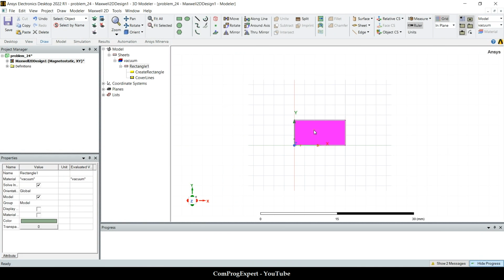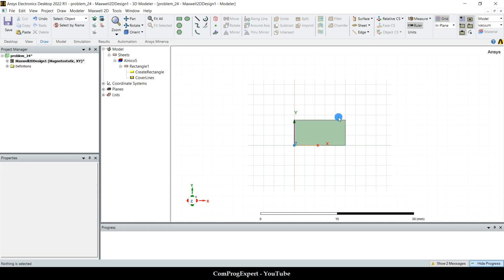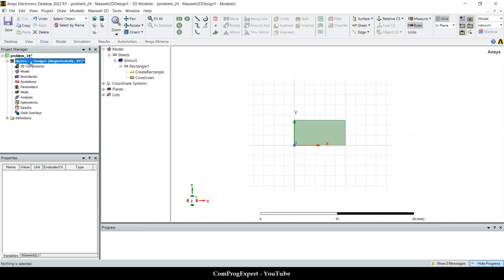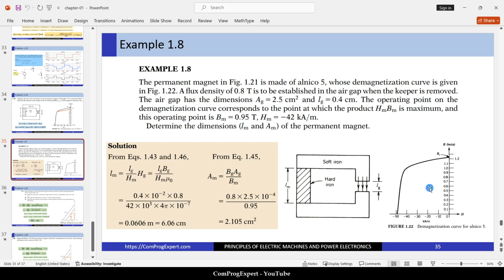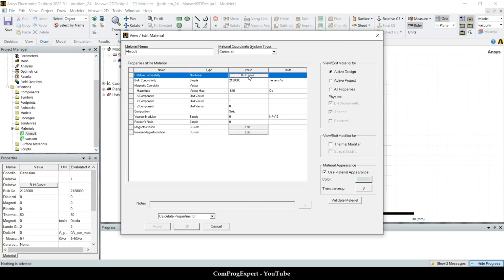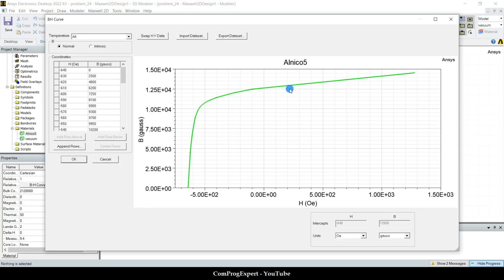Let's set the material here. I am going to set it equal to alnico 5, the magnet material, and for this material we can look at the properties. So here, materials, alnico 5, the same material that we have here. Its BH curve in the second quadrant. So you can see the BH curve of this material.